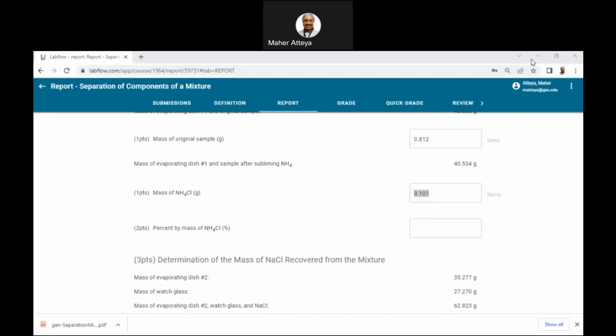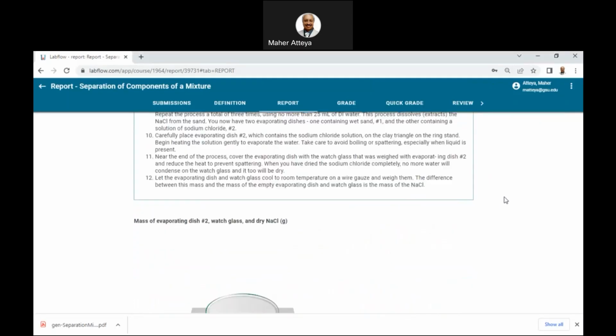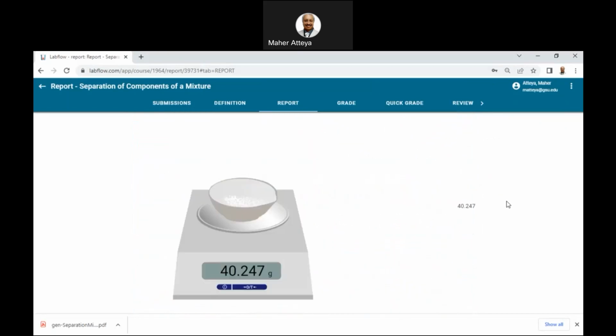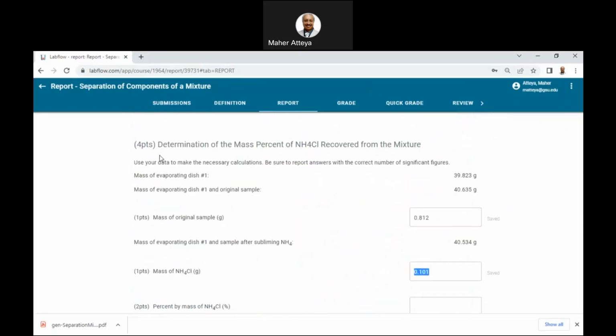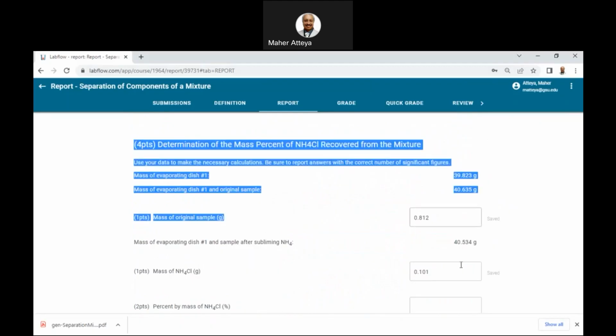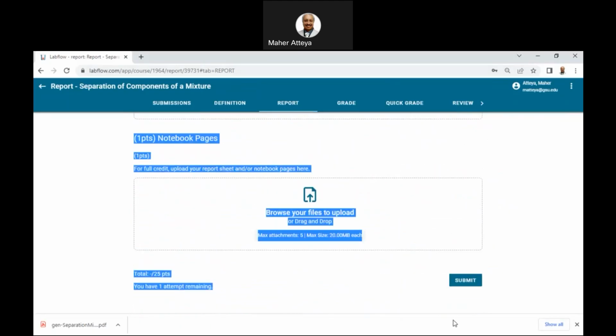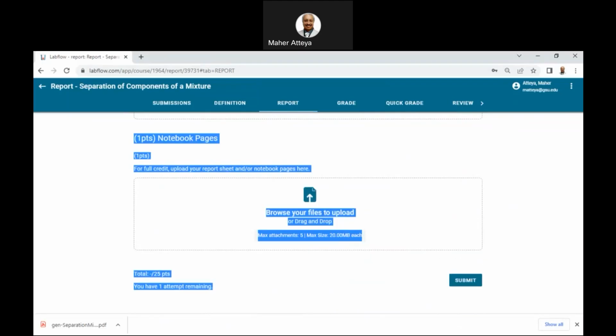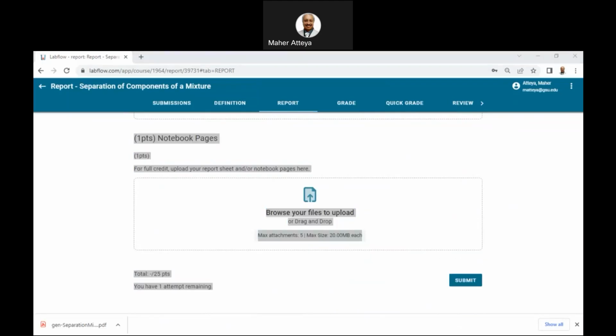Trying to see if it will copy all this stuff, but I'm not sure if it will. But at least we can get this copied. Copy. I hope it will allow us to copy. I'm not sure, there might be some block on the copy. Oh, does it? That's good. It does really allow us to copy.